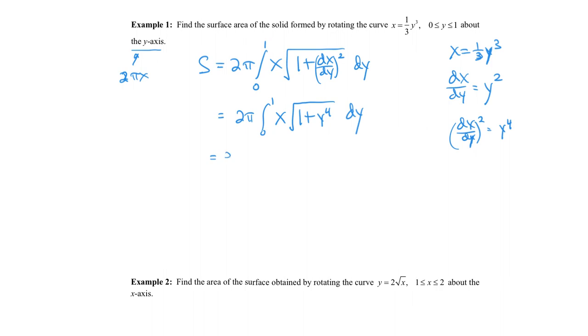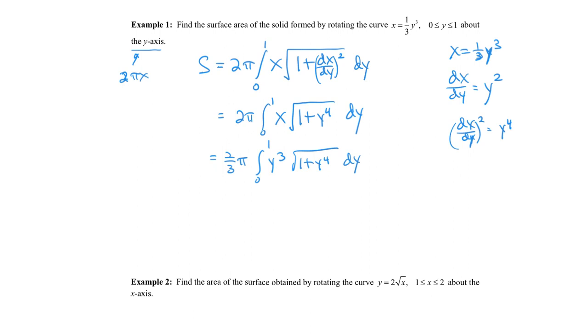So that would give us 2/3 pi, 0 to 1, of y cubed times the square root of 1 plus y to the 4th dy. And this one turns out to be an easy integral, right? Because this is a u substitution problem. So we could do a u substitution over here.